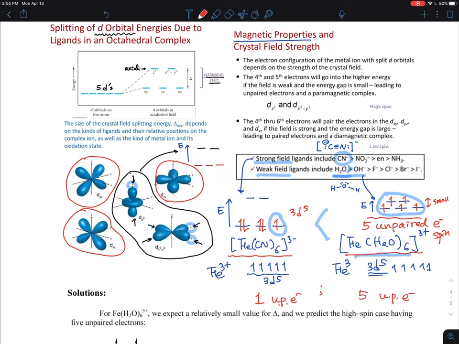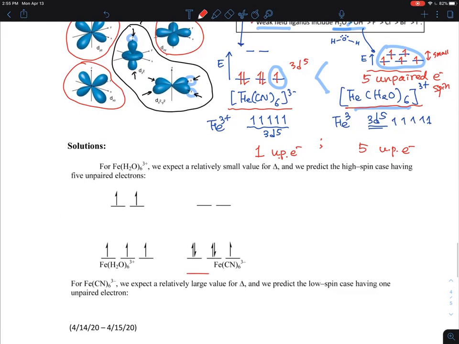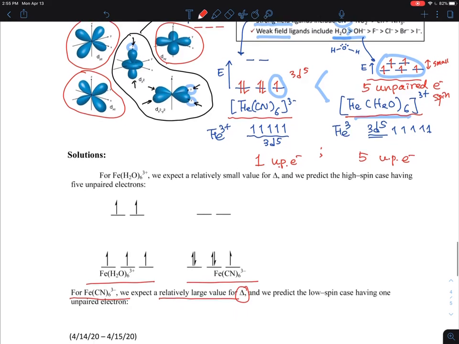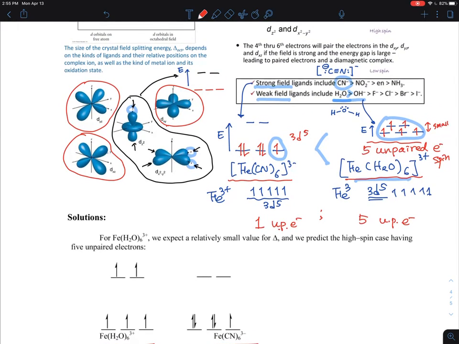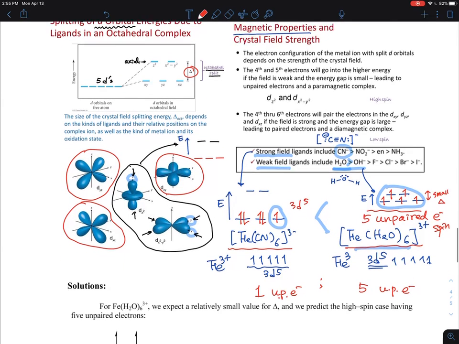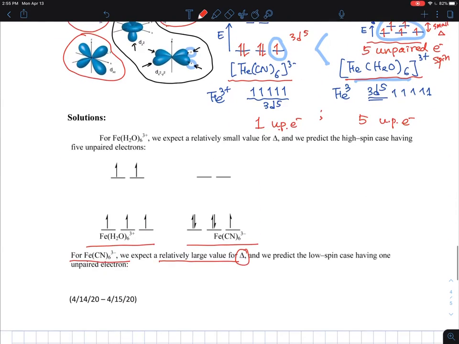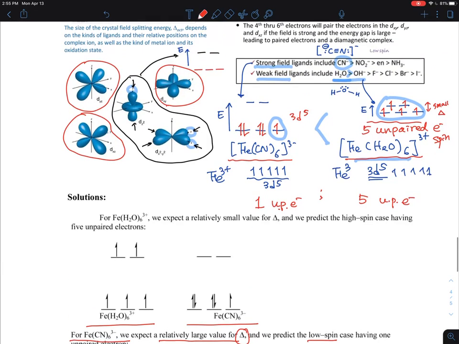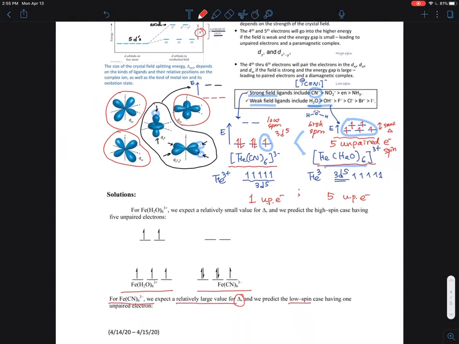This is a diagram to show it. The energy splitting is called delta. A small delta and a large delta give different cases: this one is low spin, and this one is high spin, because of the split of these energies.